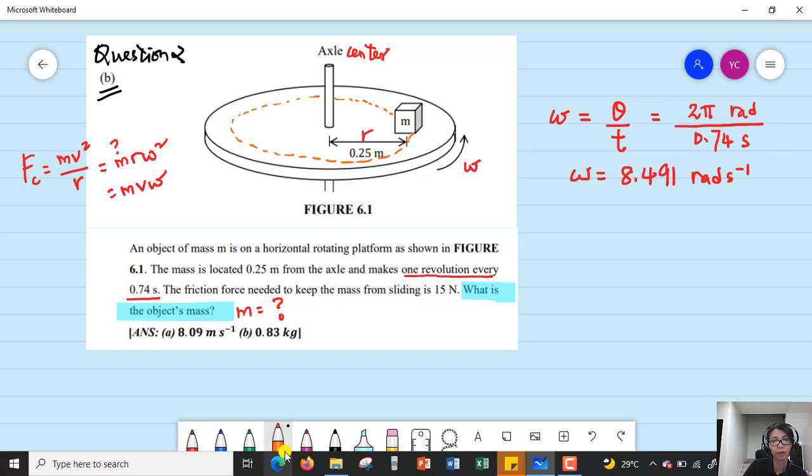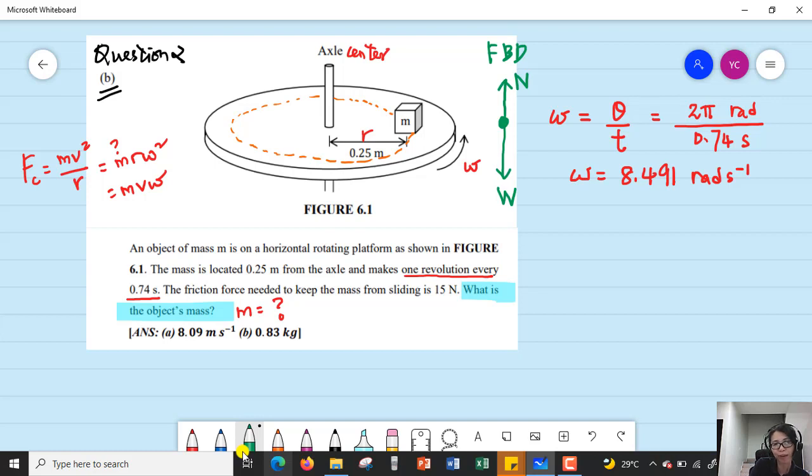So if I sketch the free body diagram for the mass m, I draw here the free body diagram for mass m. So let's say this is mass m. Straight downward we have weight, and then we put it on the surface. Perpendicular to the surface will be the normal force, and then we have a friction force to keep the mass from sliding.